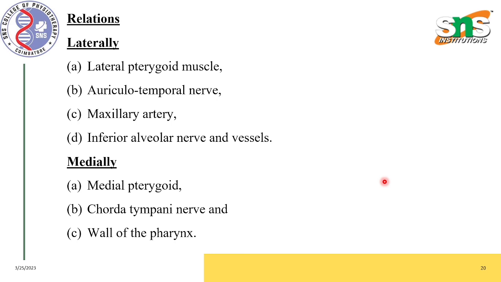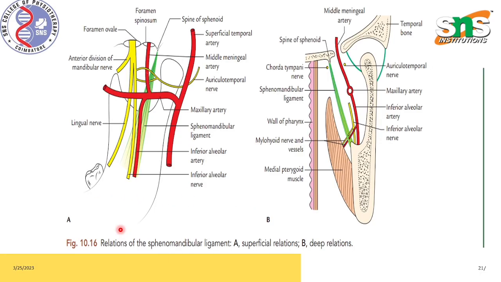Coming to the relations, laterally it is supported by your lateral pterygoid muscle, auriculotemporal nerve, maxillary artery, and inferior alveolar vessels. Medially, it is supported by your medial pterygoid, chorda tympani nerve, and wall of the pharynx. This represents the relations of your sphenomandibular ligament, both superficial and deep.